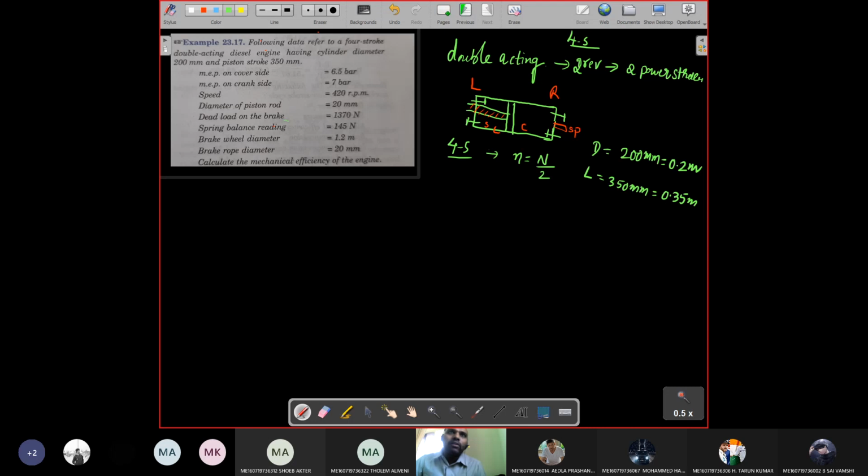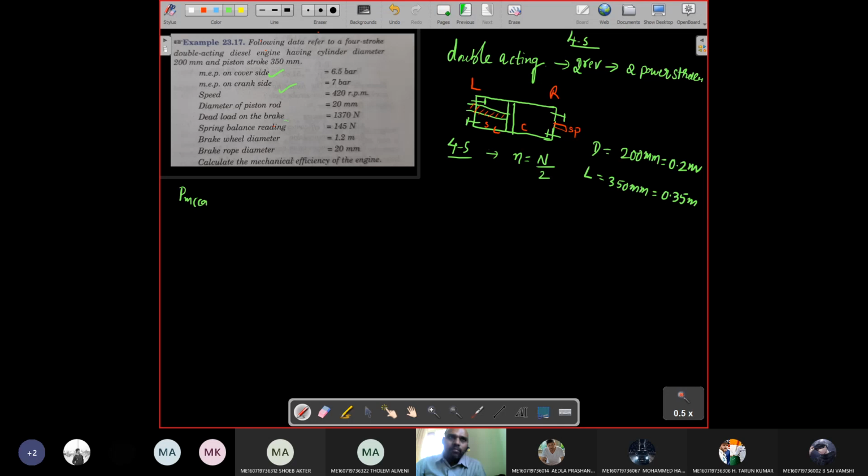Now if you see here, the mean effective pressure on the cover side is given, and the mean effective pressure on the crank side is given. This is the cover side, this is the crank side. The mean effective pressure here is less compared to the other side. Now I'll write the data here.